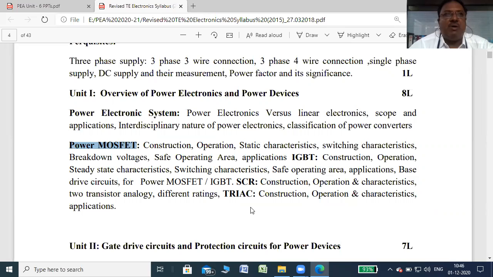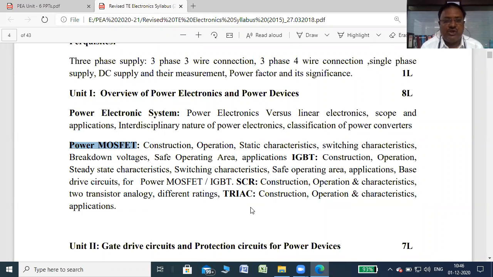In a high power MOSFET, or you can simply call it power MOSFET, an additional drift layer is added so that the voltage handling capacity increases, and the device is vertical so that the current handling capacity also increases.